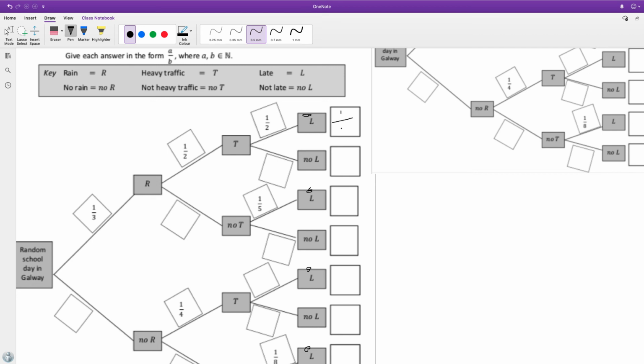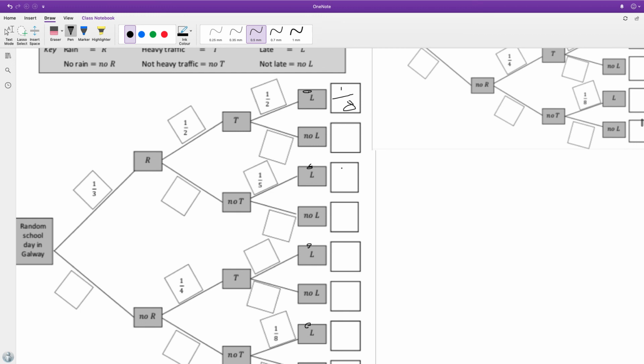What was my probability up here again? 1/8. What's the probability here? 1/8. This one down here.